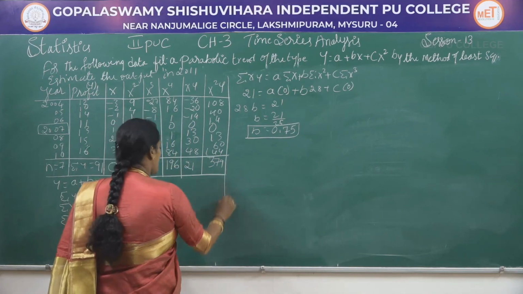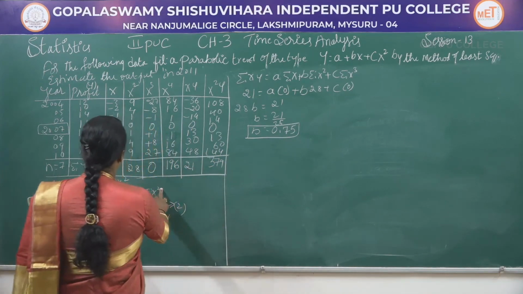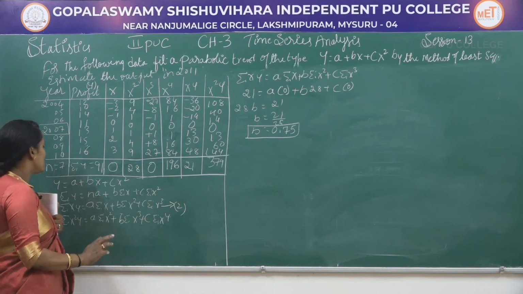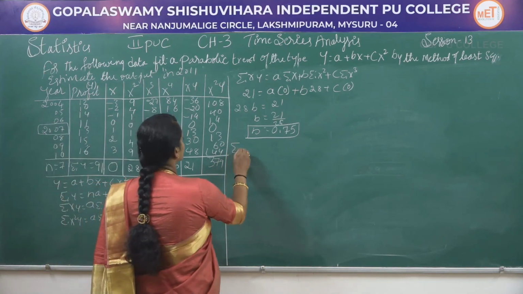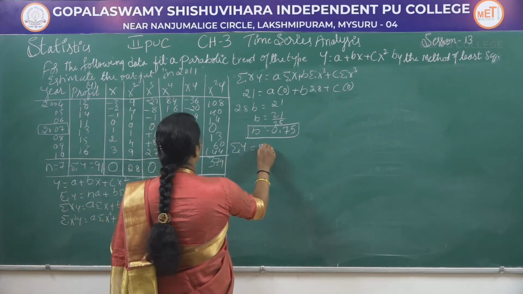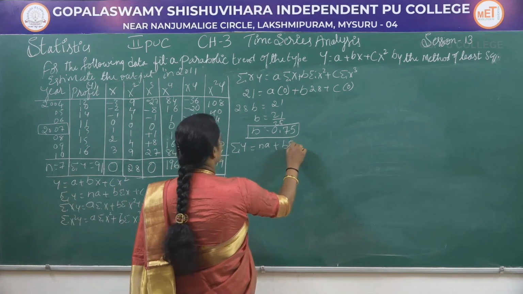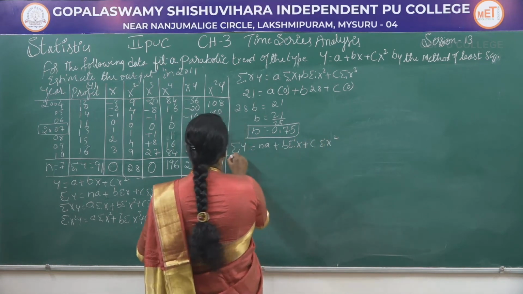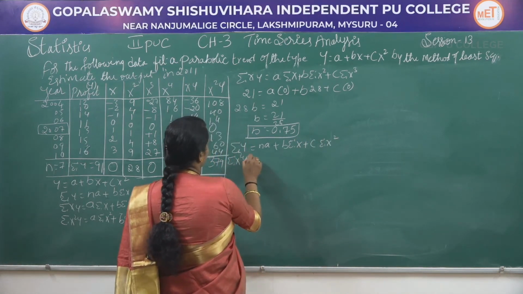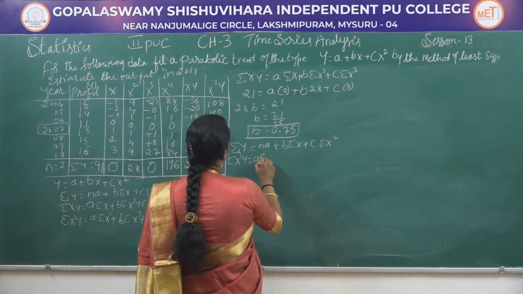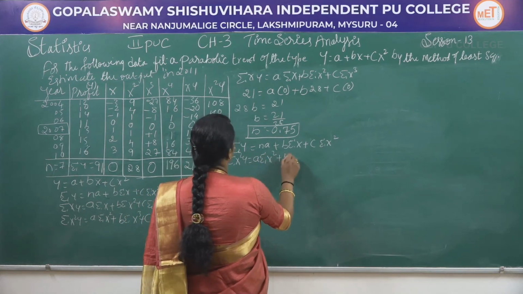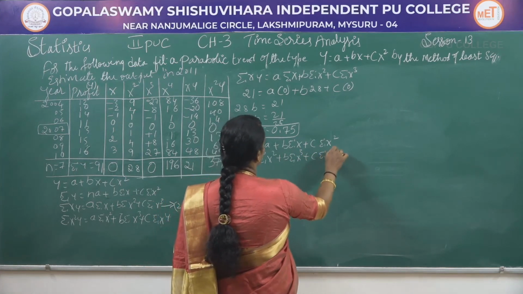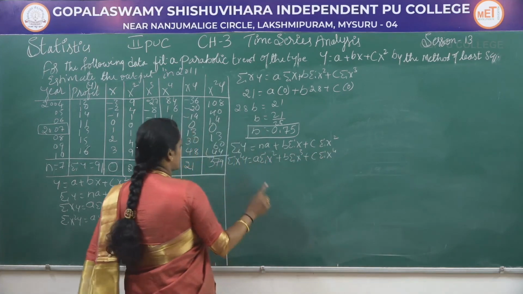Next you have to consider the first and the third equation. So summation y is equal to na plus b into summation x plus c into summation x square. Summation x square y is equal to a into summation x square plus b into summation x cube plus c into summation x power 4. Substitute the values.